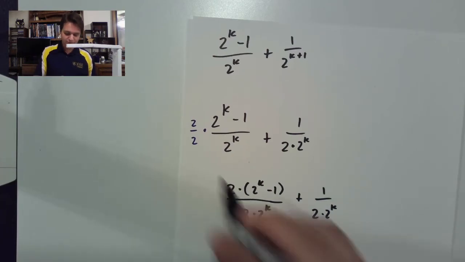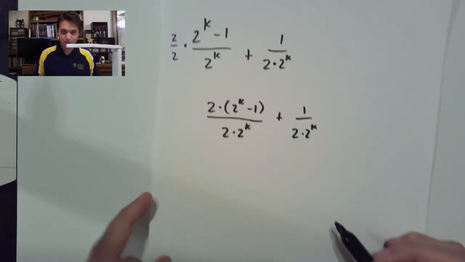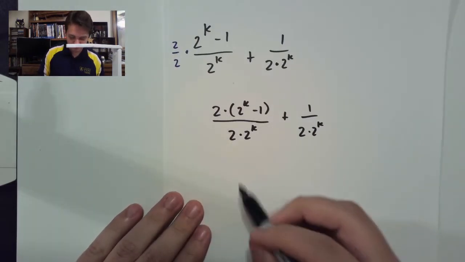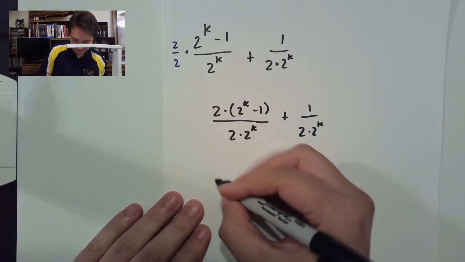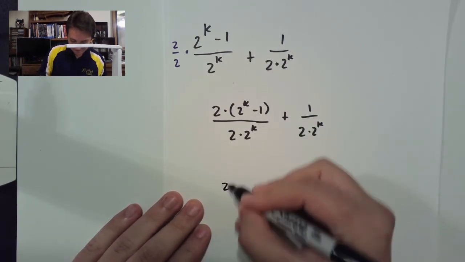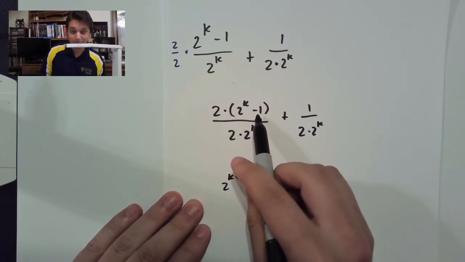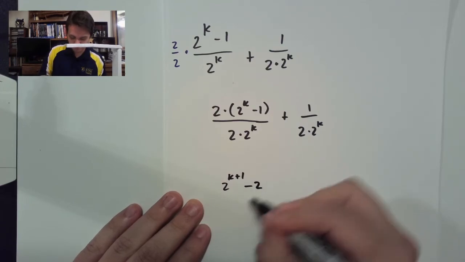So all I've done is I've just multiplied this one out. Now we've got a common denominator, and if I work through the algebra on that, well, 2 times 2^k is just another exponent, right? We can just say that's 2^(k+1), and 2 times negative 1 is negative 2.